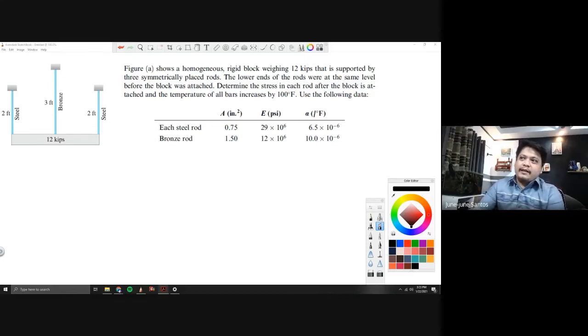Okay. So, ang mangyayari, we have two different materials. So, we have the steel and then you have there the bronze. So, ang condition niya, bago daw ilagay yung 12 kips na block, the same level yung bottom ng lahat ng bars. So, ibig sabihin, level sila. What would you expect kapag nilagay yung 12 kips?